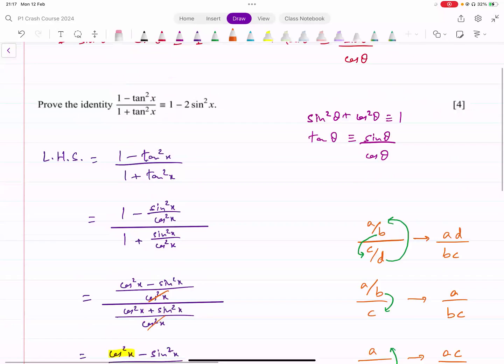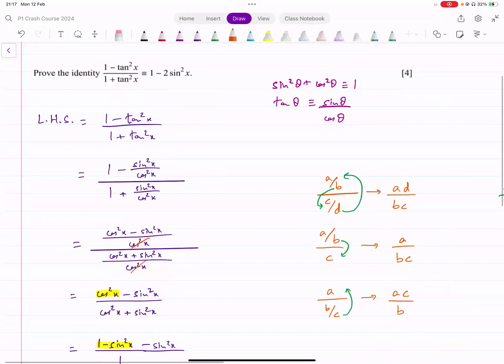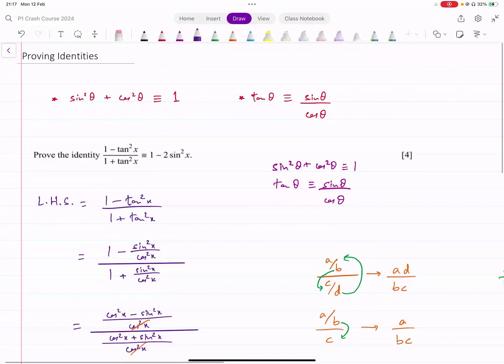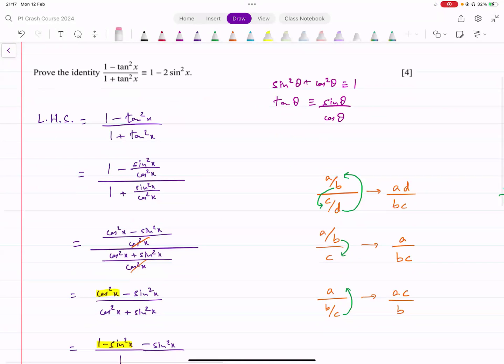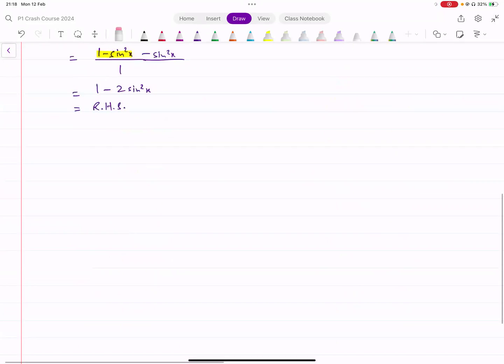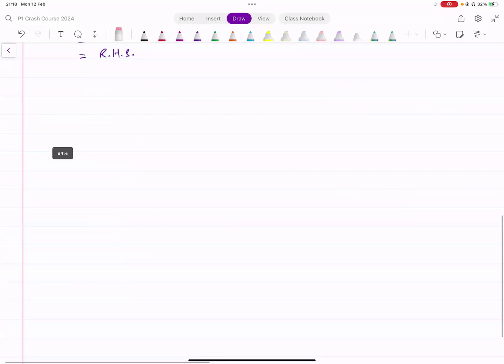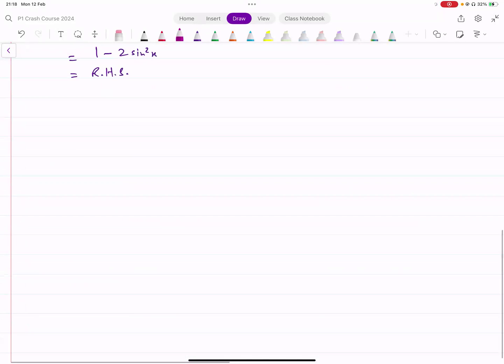All right, so now this was one example in proving identities. You have to use these two identities to prove some other identities. Now, there are some thumb rules that you need to keep in mind while proving identities. Let me just write them down. We'll understand them one by one.